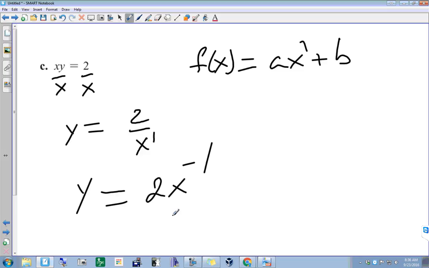So we've got to be very, very careful. Just because I can put it into a y equals situation, just because I can solve it, does not mean that I have the correct stuff. Okay? Anyhow, continuing on.